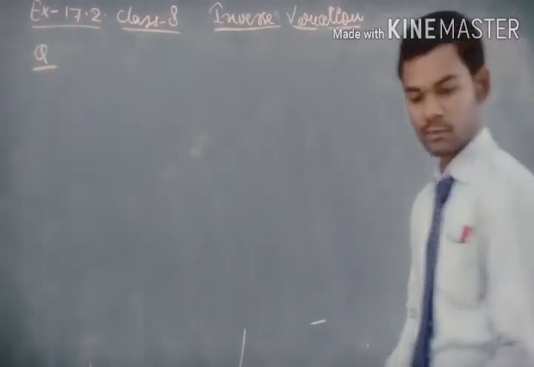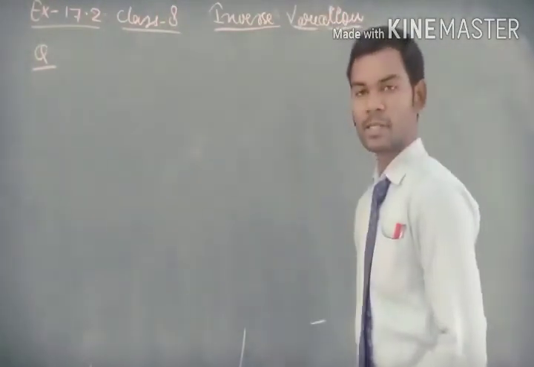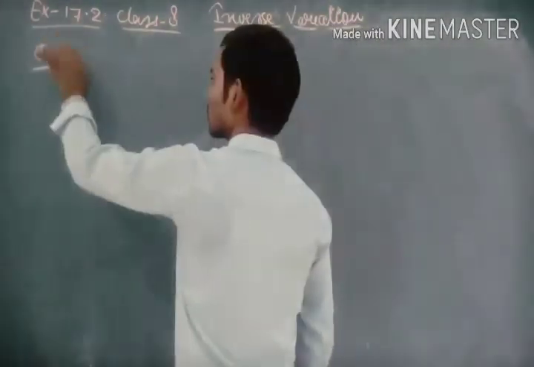The question is, if 125 workers can finish a job in 120 days. Question number 4.